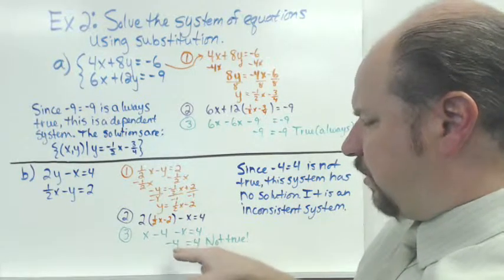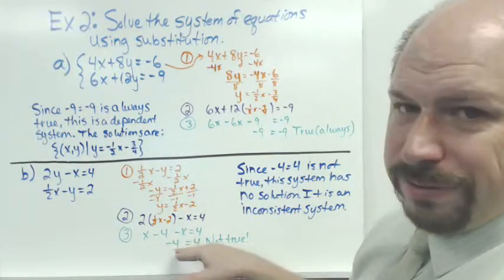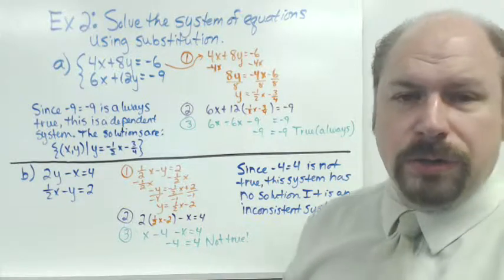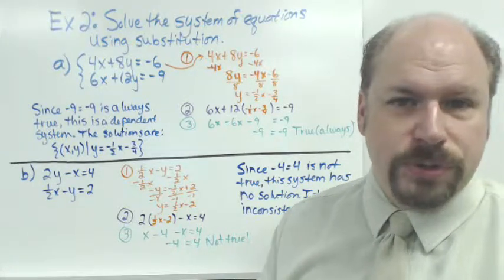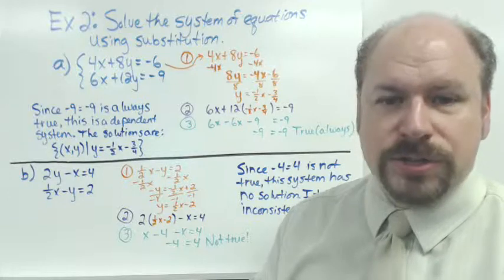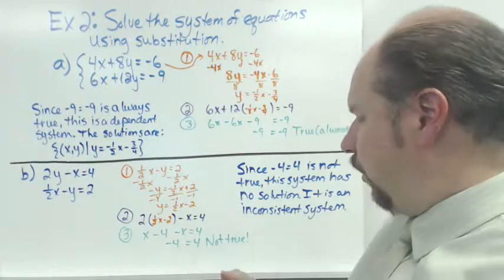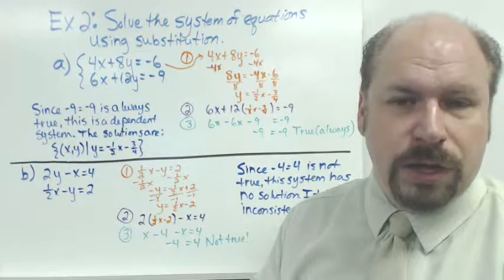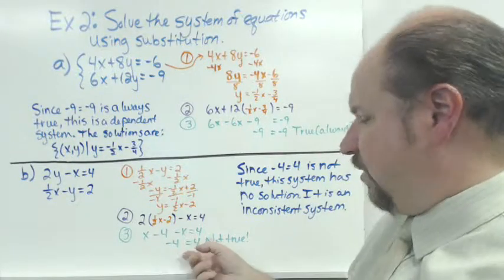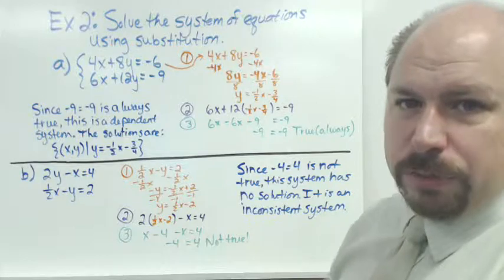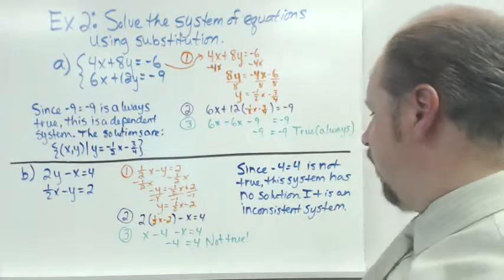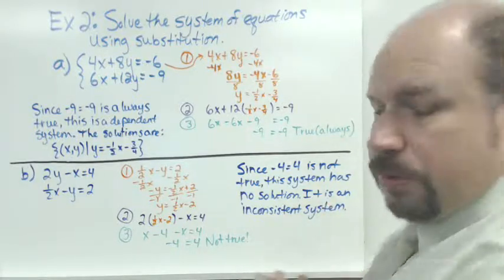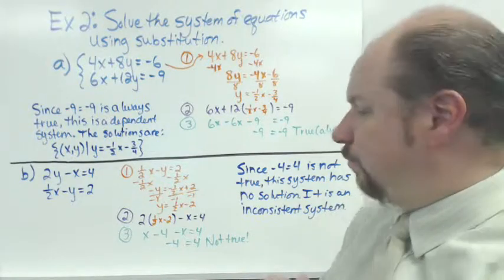Well, x minus x is 0, so we end up with negative 4 equals 4. Okay, well, we know negative 4 doesn't equal 4, so that's not a true statement. So in this case, what is happening is this is an inconsistent system. There are no solutions because this is not a true statement. That can't happen. So there are no solutions in this case. So again, it's an inconsistent system.